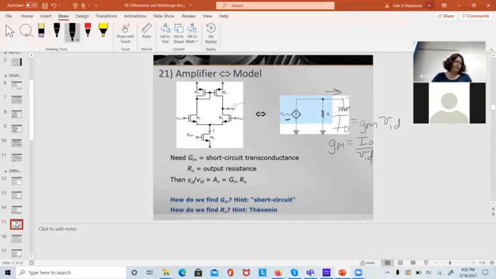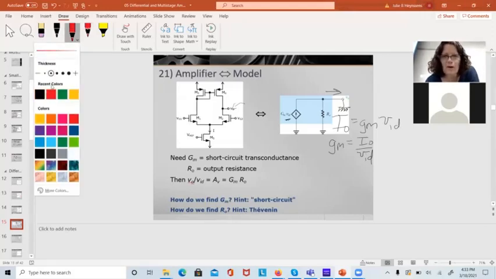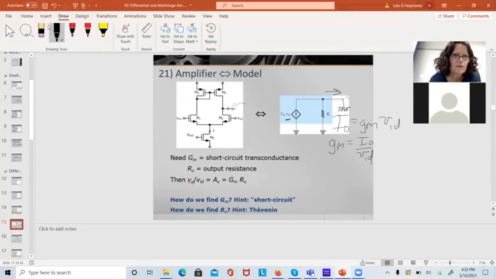Now I want to figure out what RO is. So I'm trying to use my test equipment intelligently and figure out what all these values are. When I'm measuring RO, I'm going to take this off, and on the output I'm going to put a test voltage, a reasonable value that does not blow up my circuit.